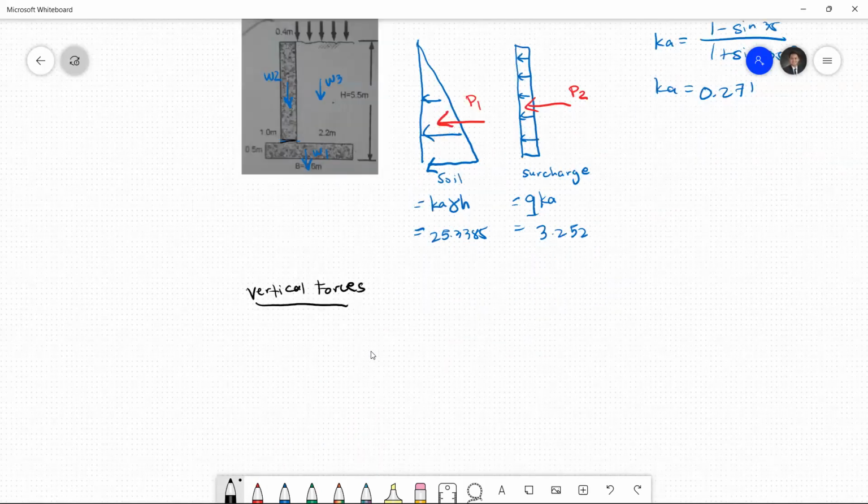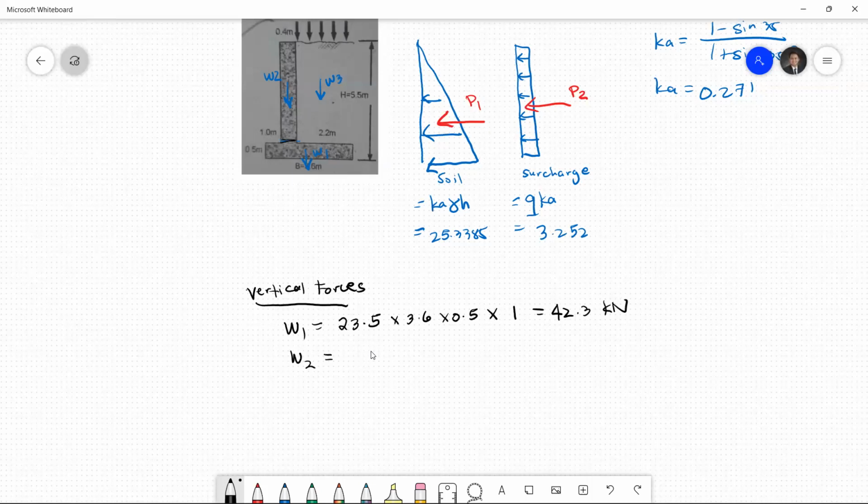For W1, that is the unit weight of concrete given, that is 23.5 times 3.6 multiplied by 0.5, and consider 1 meter width. Okay, consider 1 meter. You have here 42.3 kilonewton. Next, solve for W2.